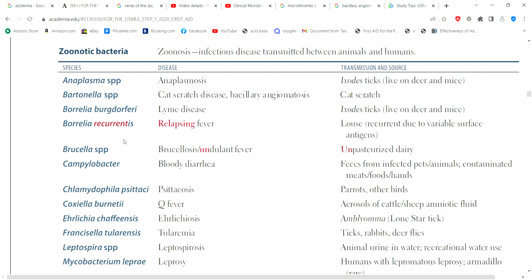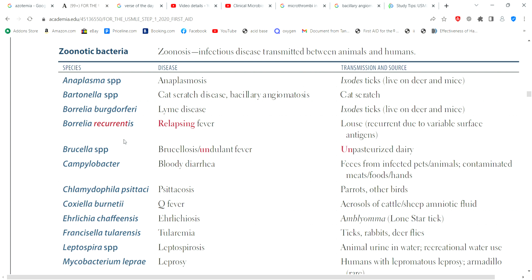Okay, Borrelia burgdorferi is a spirochete. Which ones are the spirochetes? Borrelia, Treponema, and Leptospira. Okay, these are spirochetes.